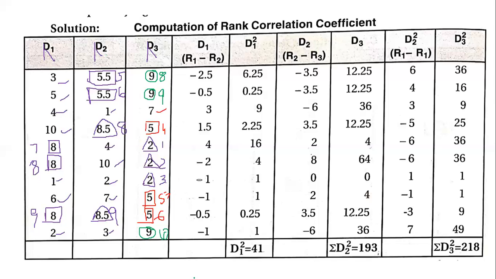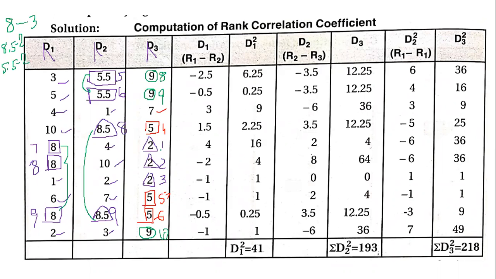Now if you see the repetition here, the first number which is repeated is 8, the 8 that is here 3 times. The next number which is repeated is 8.5. So 8.5 is repeated 2 times. Again the next repetition is 5.5, which is repeated 2 times.